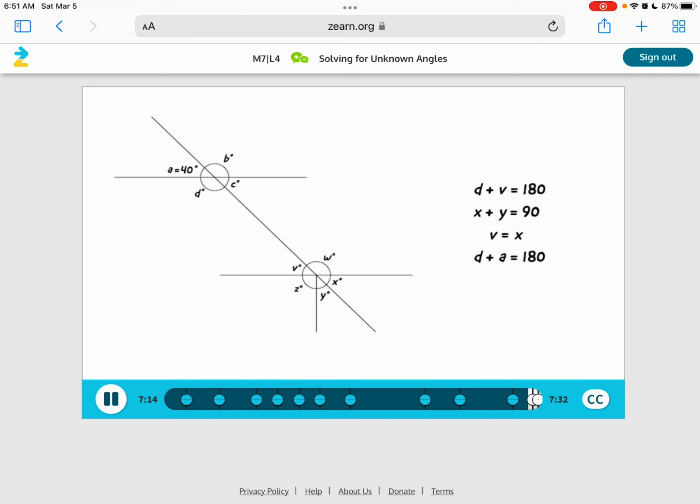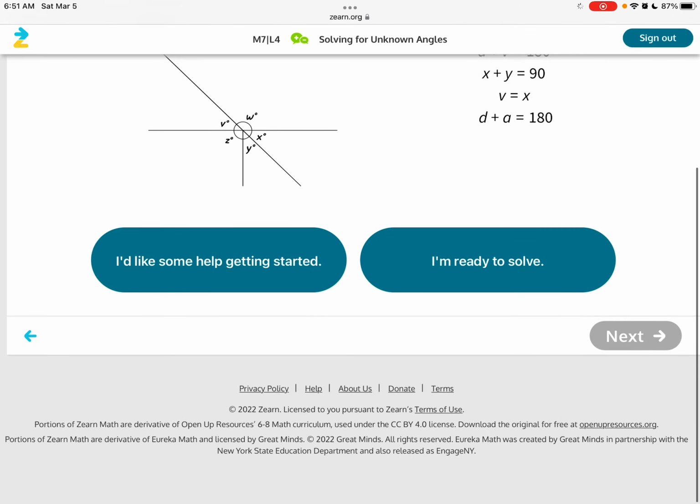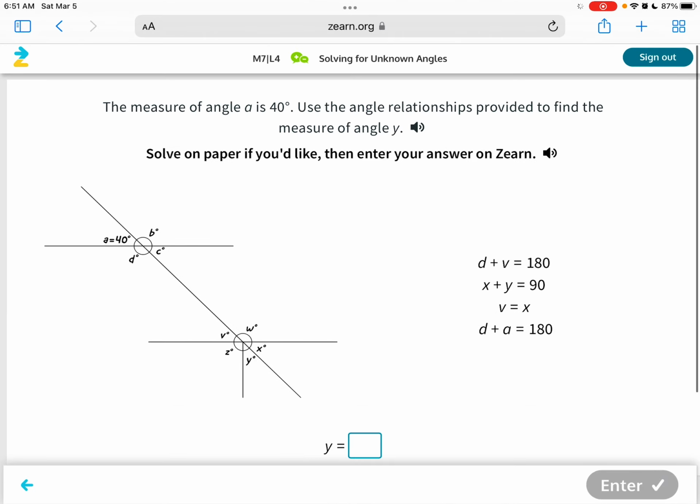To get started, you may want to use an equation that represents a relationship about angle A. Okay, so for this one, same thing as before, you have to look at D and V. So this straight line is going to equal 180.